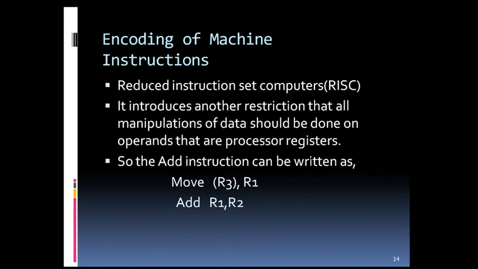This restriction means that the above addition would need a two instruction sequence like what we have seen in the previous slide, that is move r3 comma r1, meaning contents of r3 into r1, and then add r1 comma r2. If the add instruction only has to specify two registers, it will need just a portion of the 32-bit word.